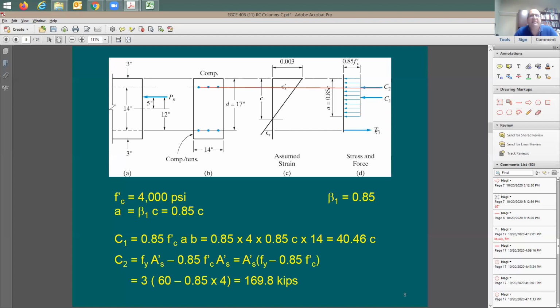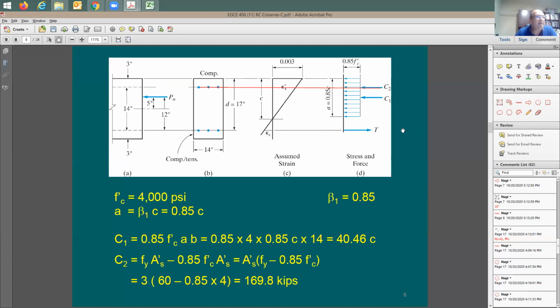In the past, we used to say summation of the forces is gonna be equal to 0. So we used to say T is gonna be equal to C1 plus C2. Am I correct? Yes? Okay. Here we have external force. So we cannot really say that T is gonna be equal to C1 plus C2.